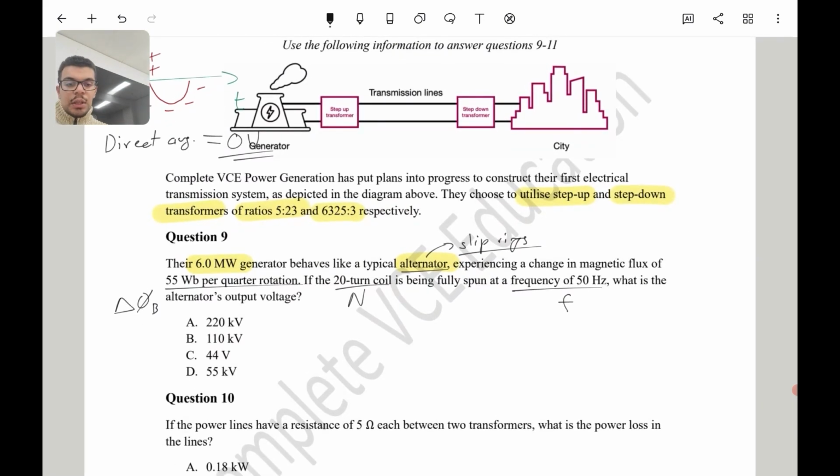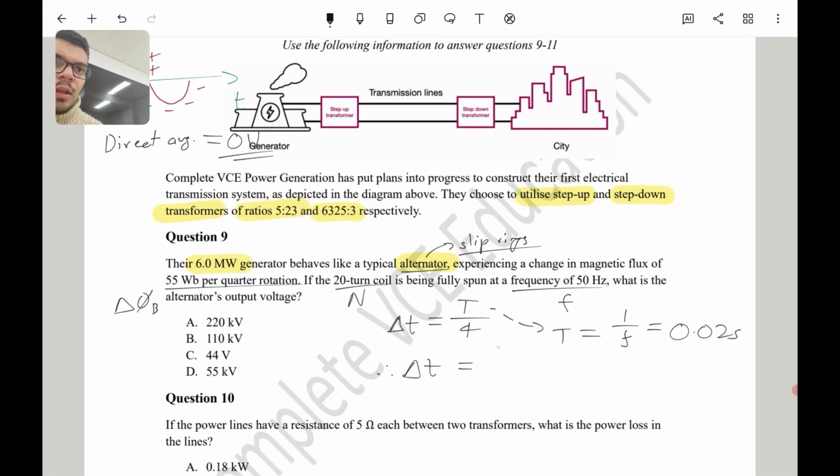Great. Okay, so first of all, we have the number of turns of wire, we have the frequency, and we have the change in flux. We need to now figure out the time per quarter rotation using the frequency. So we know, guys, the time per quarter rotation is going to be equal to the period over 4. Now the period is going to be equal to 1 over frequency, which is, in this case, just 1 divided by 50, 0.02 seconds.